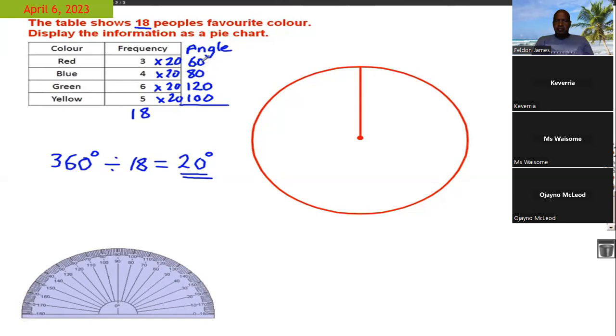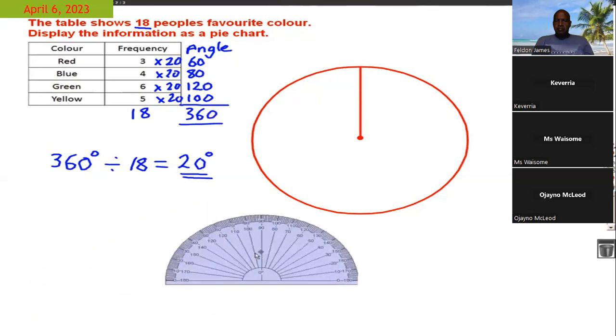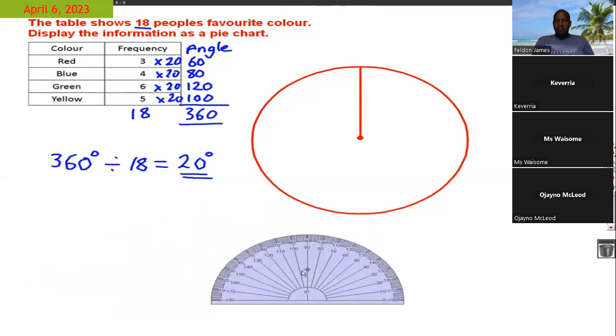So let's just try it. So now we've worked out which angle they are, we just need to draw it on a pie chart. So to do it, I'm going to use a protractor. The circle, which is drawn white, will normally have a dot in the middle and a straight line. If it doesn't, then have to draw that straight on.